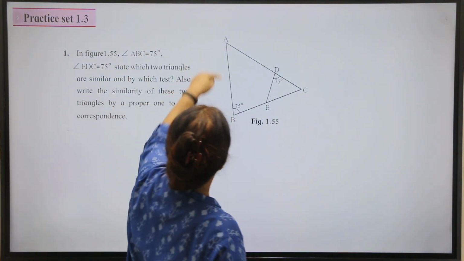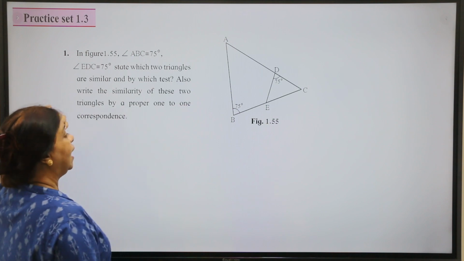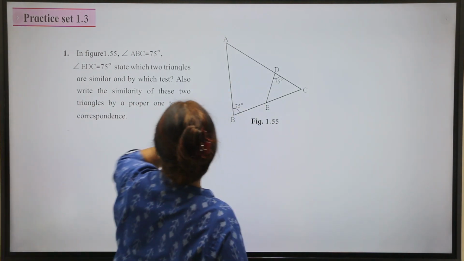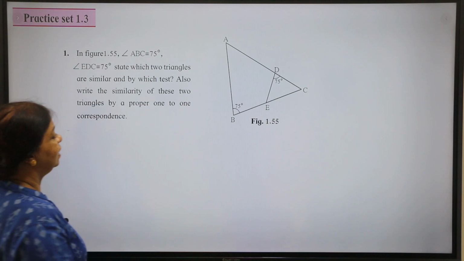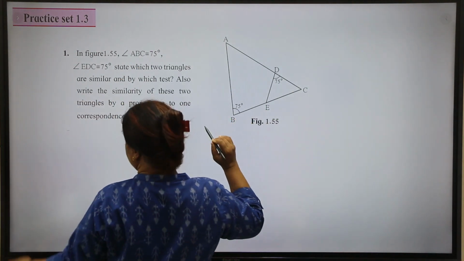There is a triangle ABC and there is a triangle DEC.